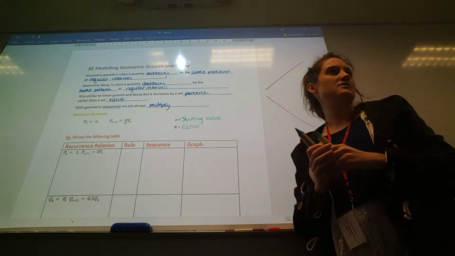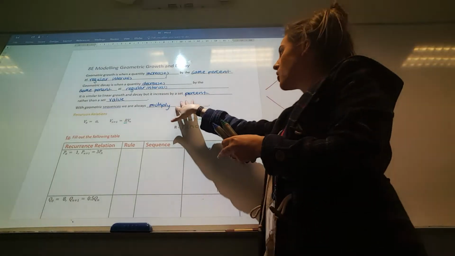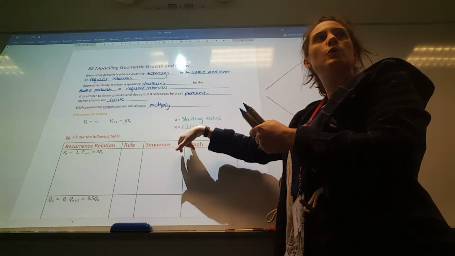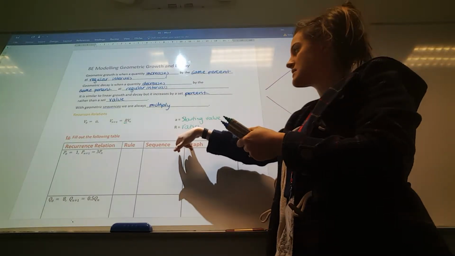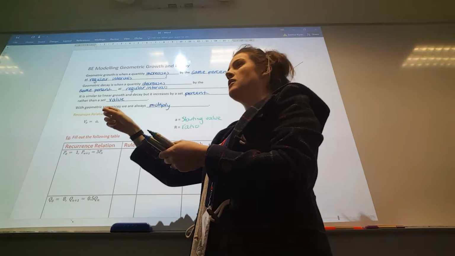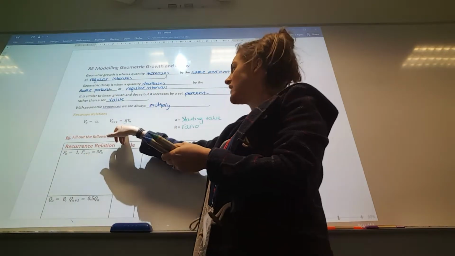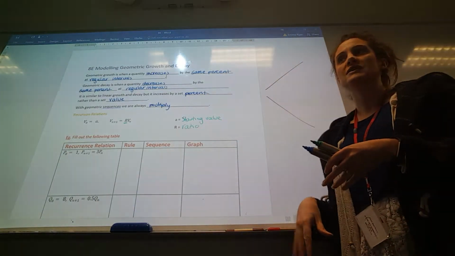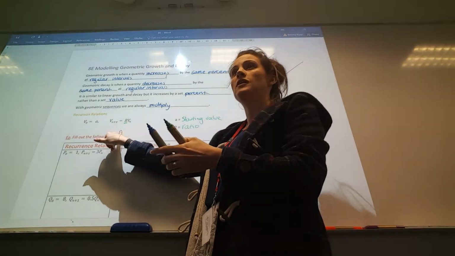So the only difference is we're multiplying, we're going up by a percent, we have a ratio instead of a difference, and this is our formula, rather than Vn plus or minus D. It will always be R times Vn, whether we're increasing or decreasing. It will be the same recursion formula.